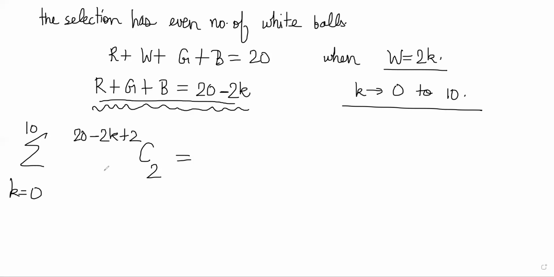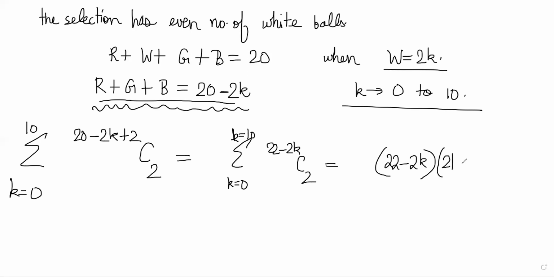So that is your question. Now you can simplify this a little bit. This is the summation of 22 minus 2K C2, K from 0 to 10. So this will be 22 minus 2K multiplied by 21 minus 2K divided by 2 factorial, summation K from 0 to 10.